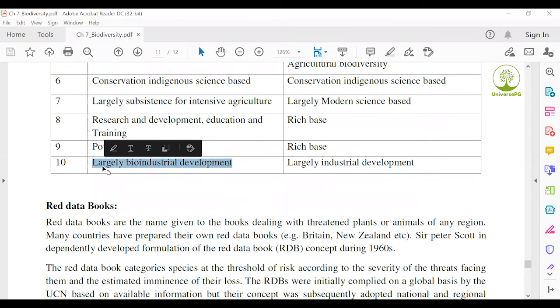Developing countries day by day try to maintain their biodiversity by bio-industrial development, and developed countries largely pursue industrial development through industrialization and commercialization. They lose different types of biodiversity components day by day.